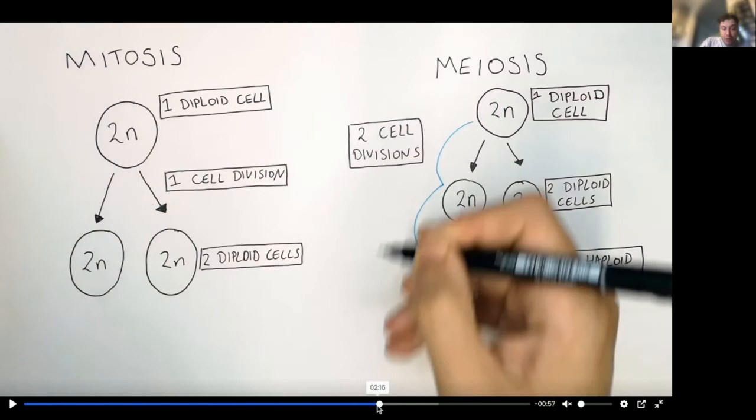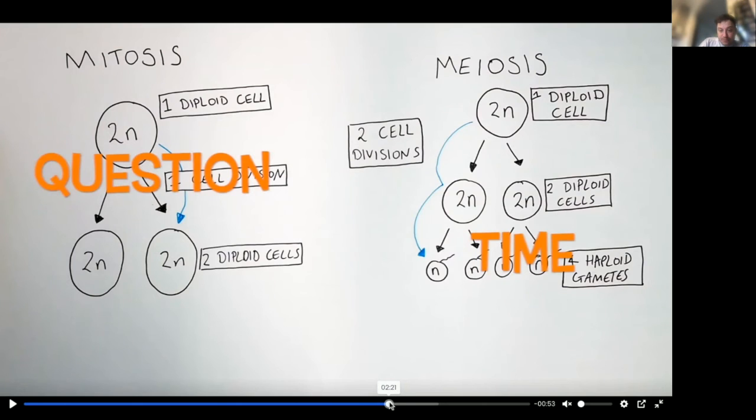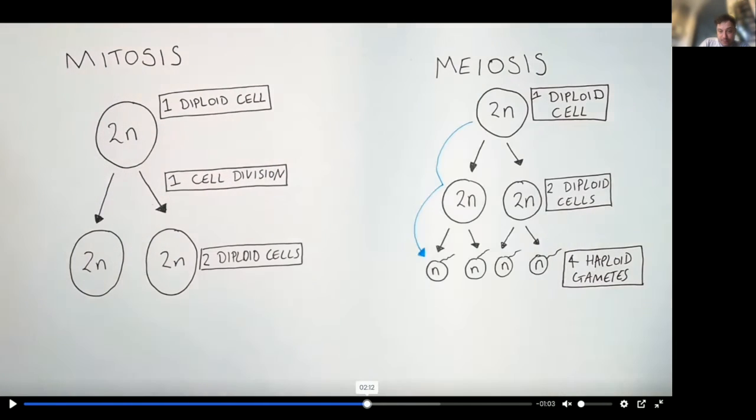Let's rewind a bit. During mitosis, it forms 2 diploid identical cells, whereas during meiosis, you've got 4 haploid gametes that are not identical.